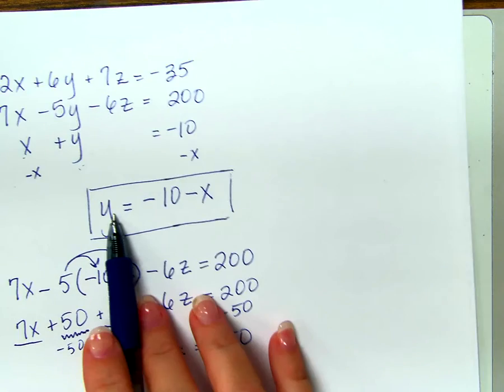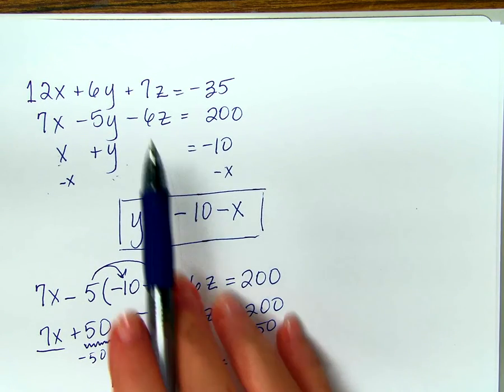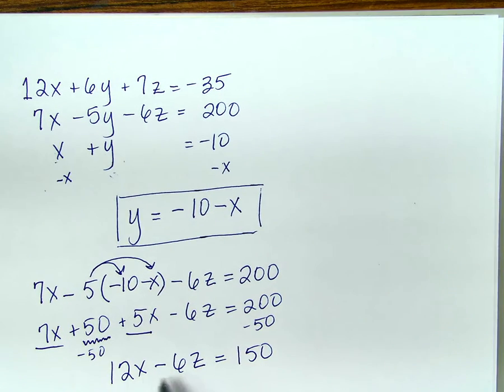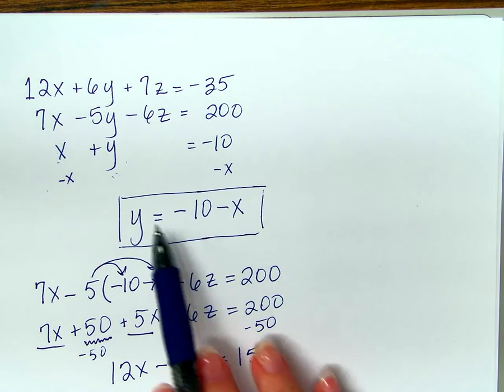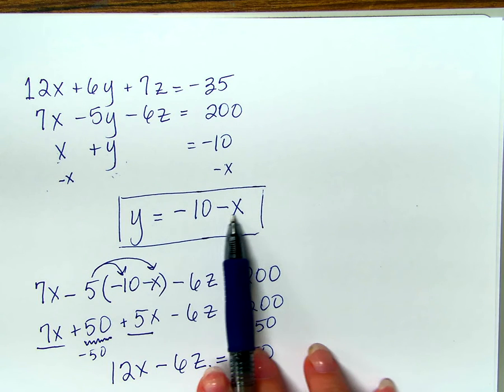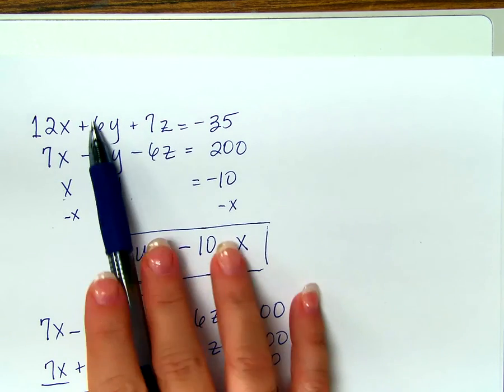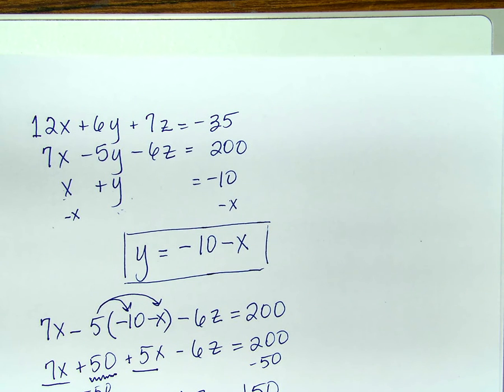So I took what I knew was y, and I substituted into the middle equation because she said, and I got an equation with x and z. What do you think might happen if I take what I know for y and plug it in the top? Do you think that would help us find another equation with x and z? Yes or no? Yes.